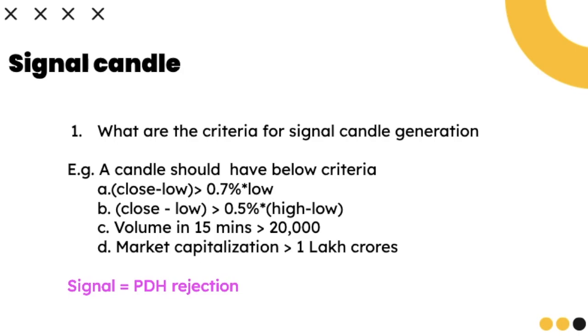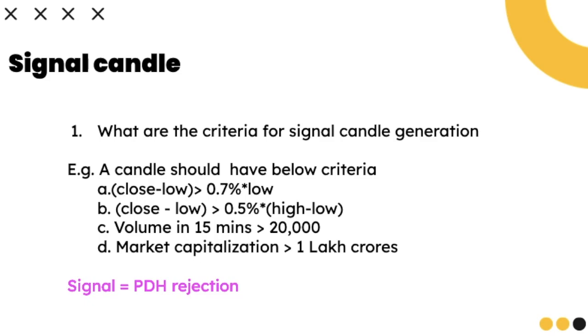The close minus low is greater than 0.7% of low, which means there is a buying strength of more than 70% of the whole candle, and close minus low is greater than 0.5% of high minus low, volume should be more than 20,000, and market capitalization is greater than 1 lakh, which means basically a large cap stock.